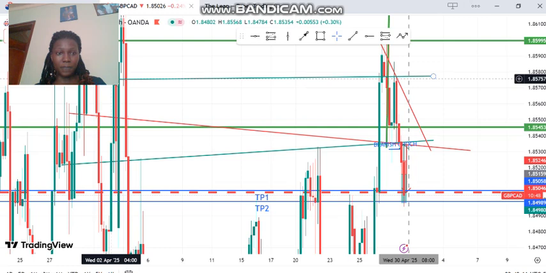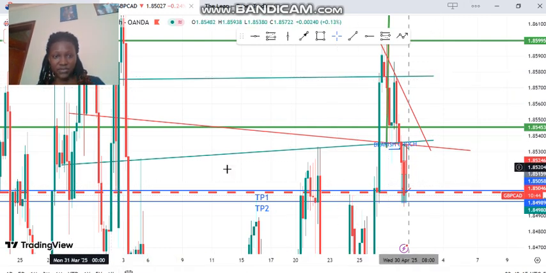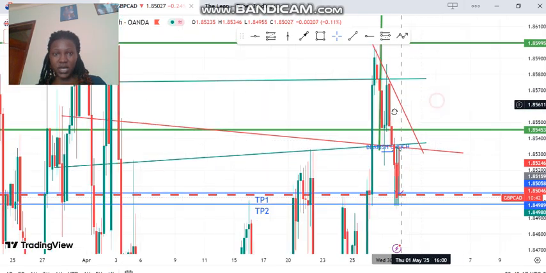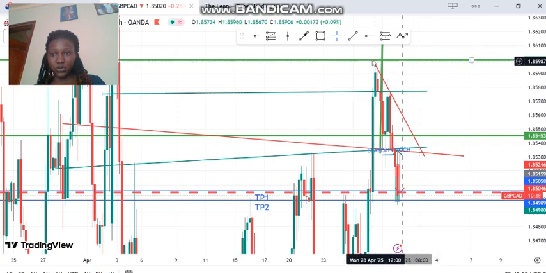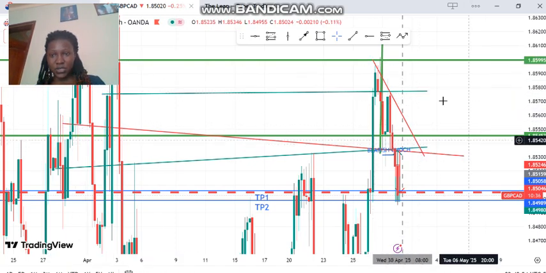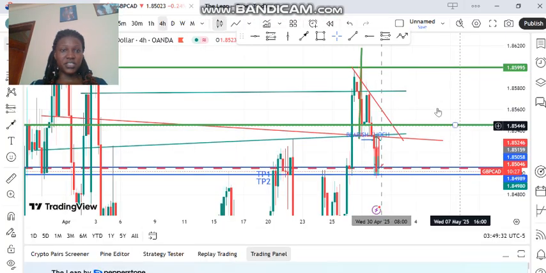Then we draw our bullish trend channels, even here to here. Then we also had to draw the bearish trend channels from here to here and here to here. Get it? So we have both the bearish trend channels and the bullish trend channels.